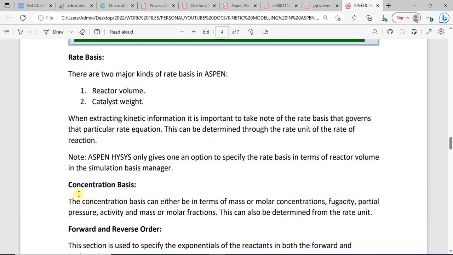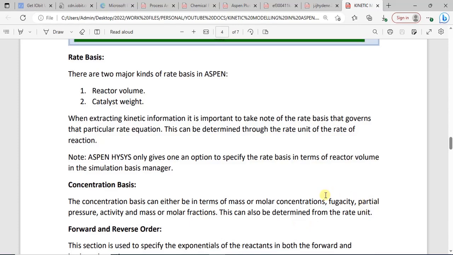Then you have concentration basis as well, right? In the rate expression, you have the rate constant multiplied by concentration, and for concentration we have different kinds of concentration basis. You have the mass concentration, the molar concentration, fugacity, partial pressure, activity, and then either mass or molar fractions.